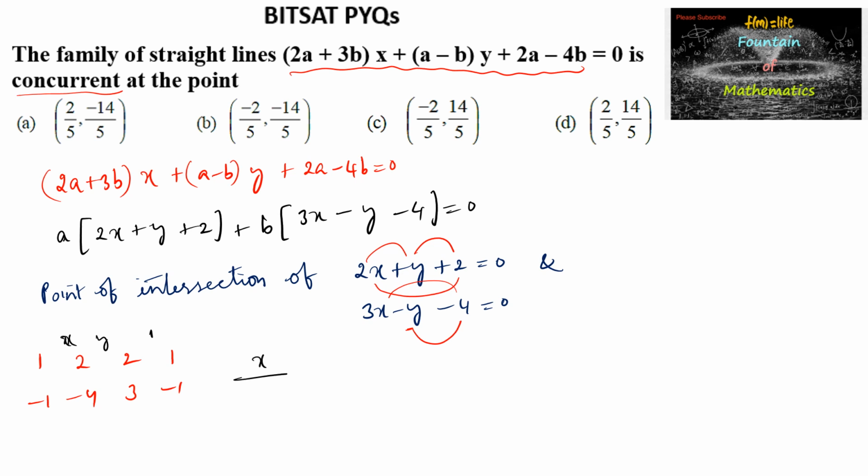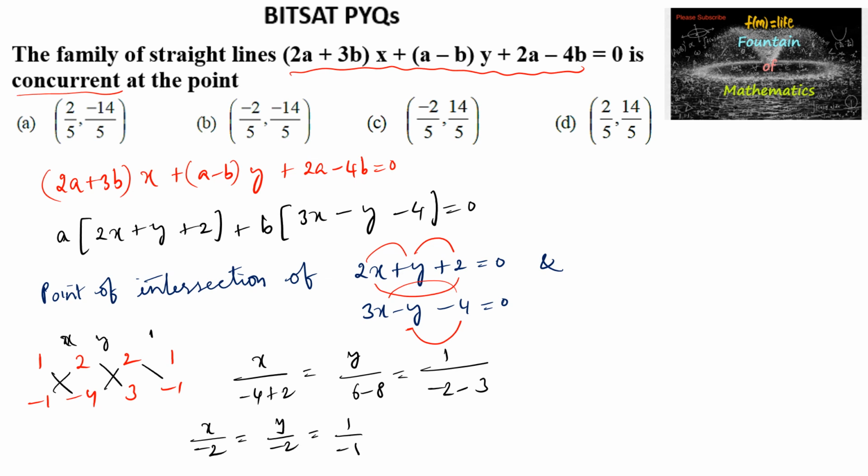So we can write x upon 1 into −4 minus 4 into 2, minus of minus, plus, is equal to y upon 2 into 3, 6, 6 minus 8, is equal to 1 upon 2 into −1 minus 3, which is −2 − 3. So x upon −2 is equal to y upon −2 is equal to 1 upon −5. So x is equal to 2 upon 5, and for y, actually it is plus 8, so this is 14.